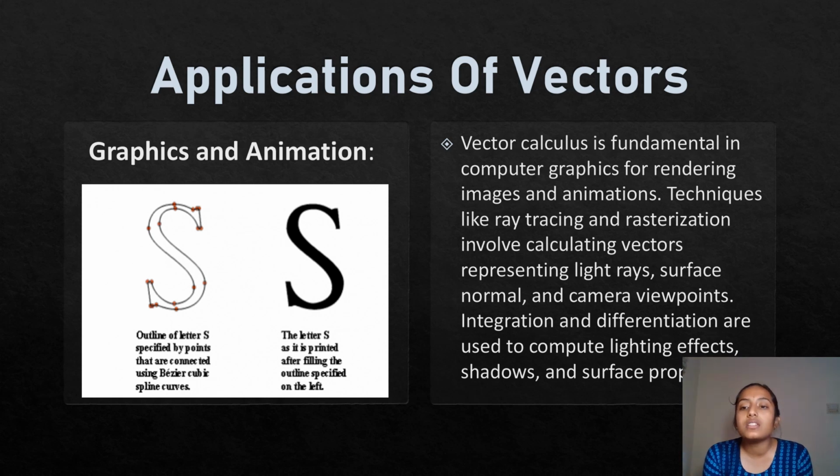And we can see that it is fundamental in computer graphics for rendering images and animation, as I've already told. Techniques like ray tracing and rasterization involve calculating vectors. We can also use them to create different camera viewpoints, and lighting effects and shadow properties are also handled by the application of vectors.